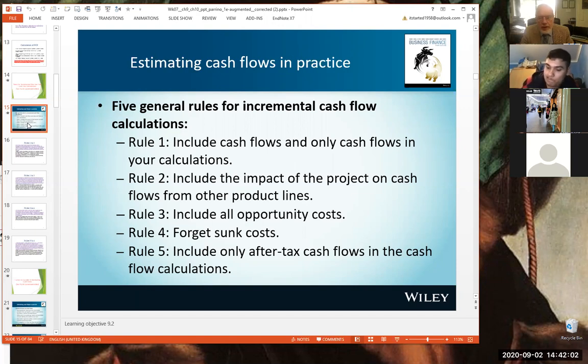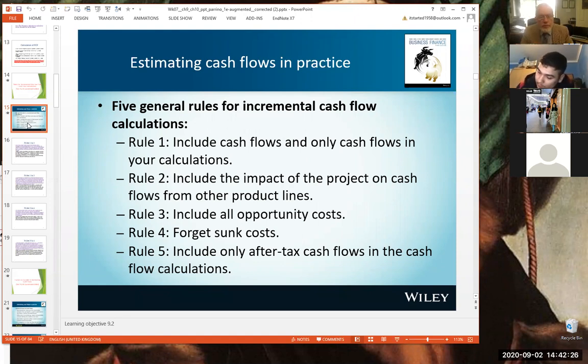Rule 2, include the impact of the project on the cash flows from other product lines. As I say, if you're able to bring in some underutilized asset for some particular project, you're actually trimming the dead wood off some other projects, making it more efficient, and you're actually getting a benefit in your situation. And so you can have these interactions between different parts of your company.